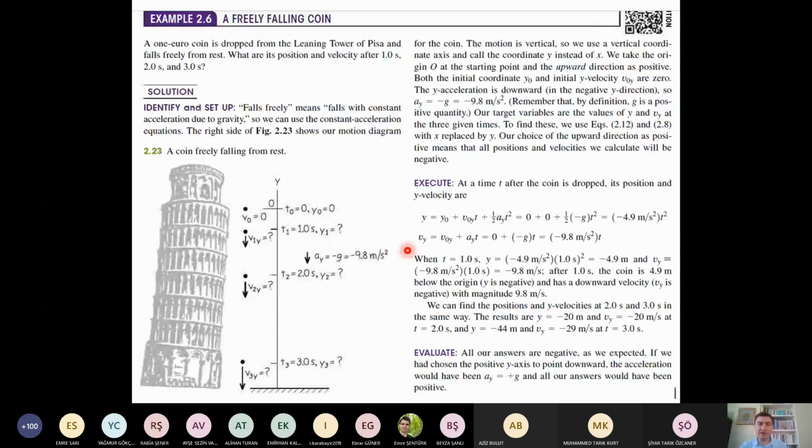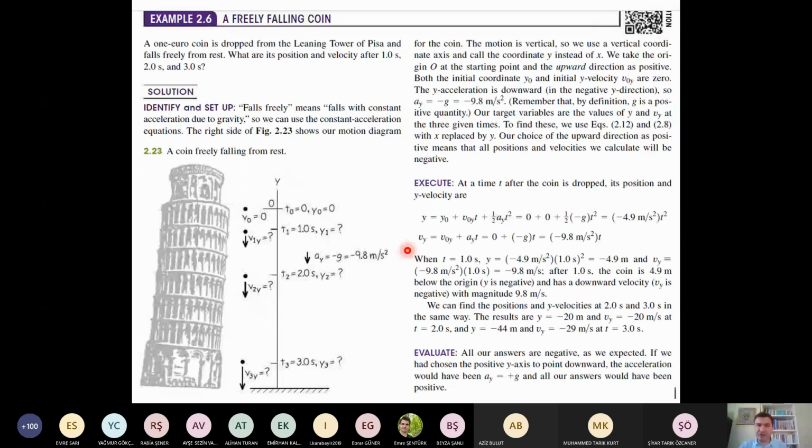Since the particle is accelerated along the negative y direction, in each case, velocity must be negative, okay? There we have found negative velocities for each time. So what about the position? Look at the position calculations. For each case, position is also a negative number. Here, what was the first one?